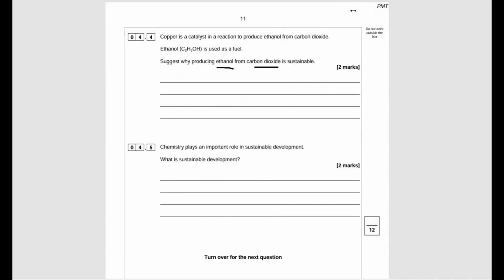Okay, let's go. Suggest why producing ethanol... Oh, so they use CO2 to make ethanol. Well, why is that sustainable? CO2 is a greenhouse gas. It is made from animals during respiration, so we don't really have a problem with that.